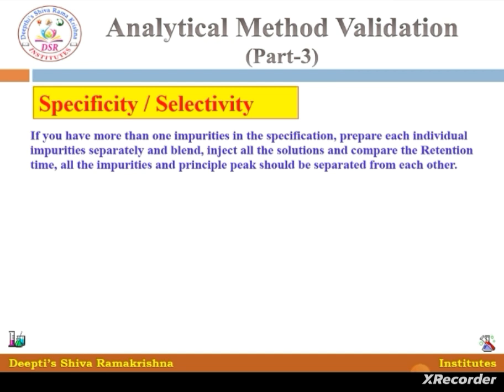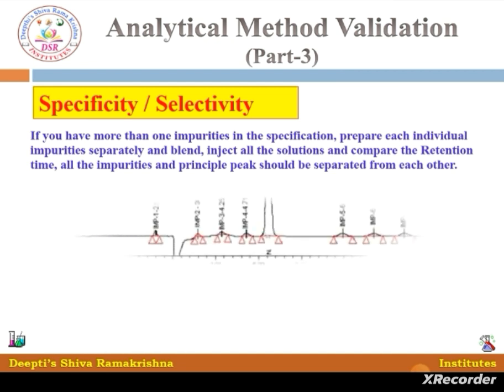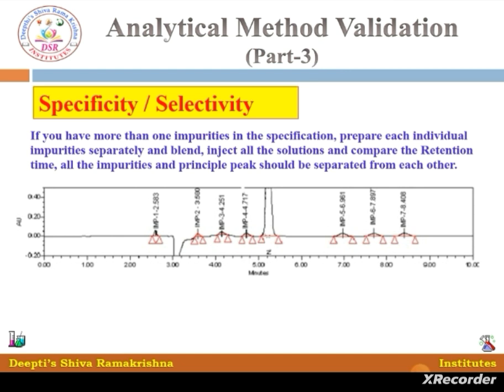So till now we have observed only one impurity having a specification, that is salicylic acid. If you have more than one impurity in the specification, then we need to prepare each individual impurity as a separate solution, and a blend solution, inject all the solutions and compare the retention times of all impurities.